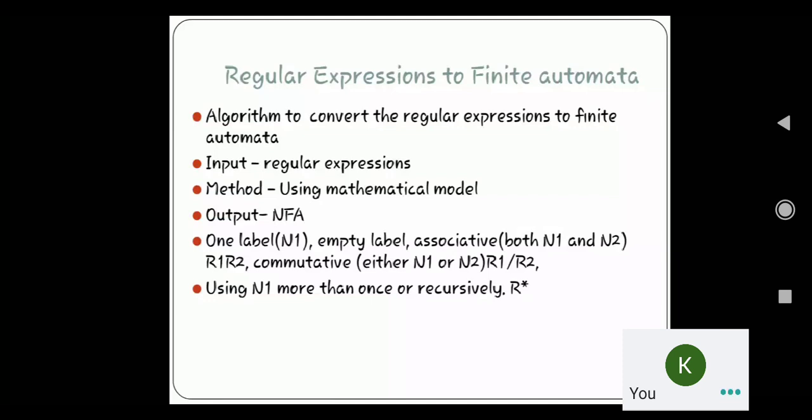So in the first step, we are going to have an initial state, an NFA1, where n1 stands for NFA1, and a final state. So for this NFA, you have two states, the initial state and the final state. Between them, I am going to pass only one single label. Label means any character, starting from small a to small z.